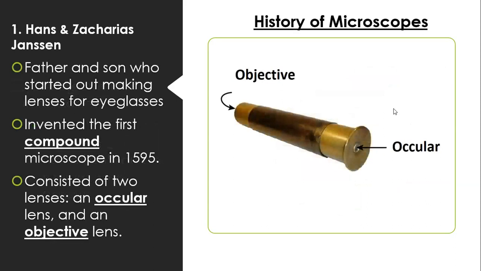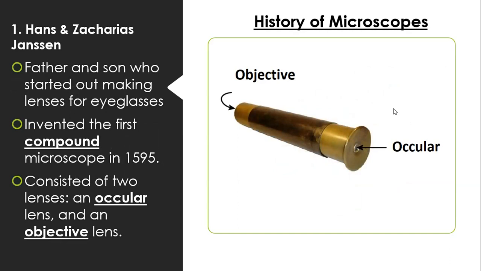Now, microscopes, they go back nearly 500 years. So the very first compound microscope was invented around 1595, and it was invented by a father and son duo, and they were actually lens grinders.